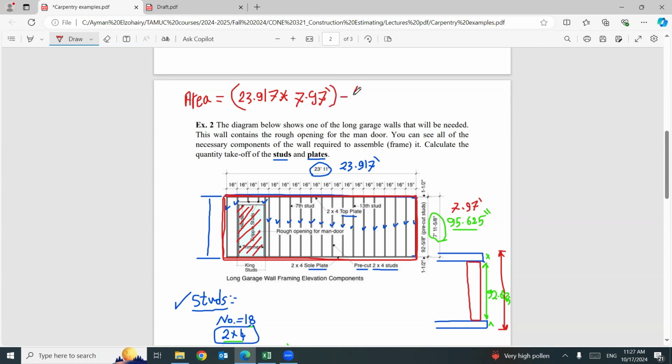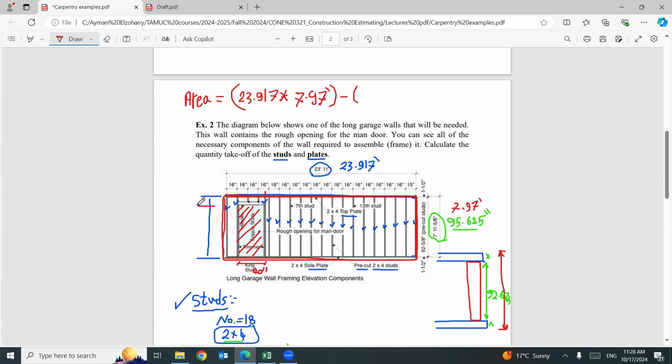I will subtract the area of this door. Maybe the dimensions are not given or not accurate enough. So this one is 16, until this one we can assume 14, 12 maybe. So the total width of the door is not given, but we can imagine how much it will be, around 40. Yeah, we can assume it 40 inch.